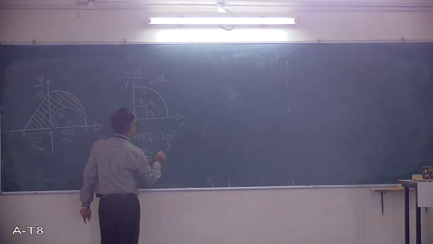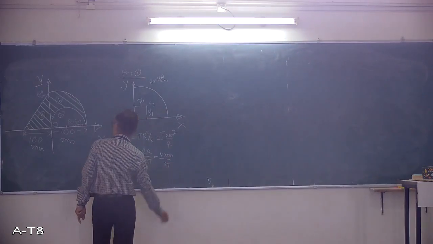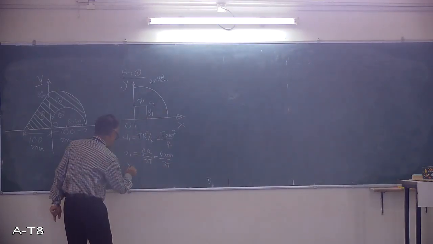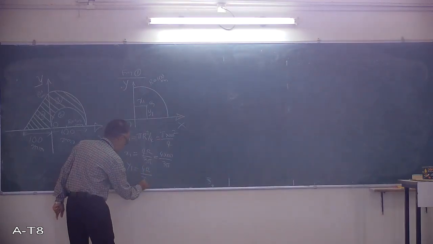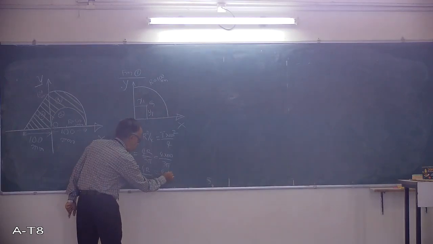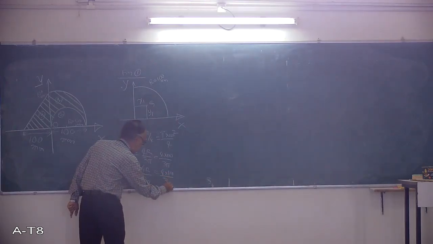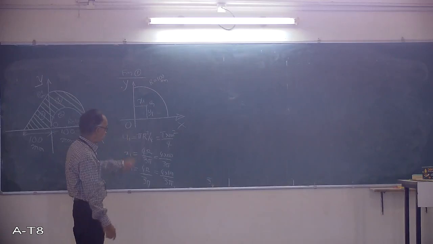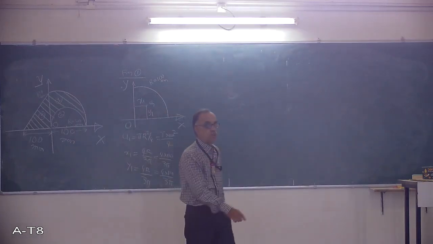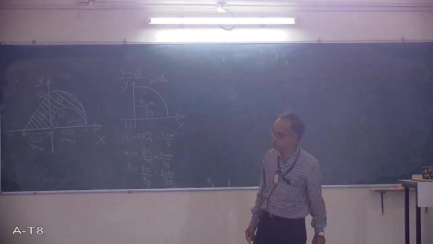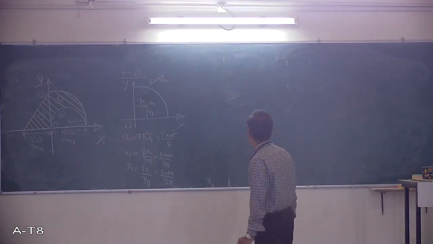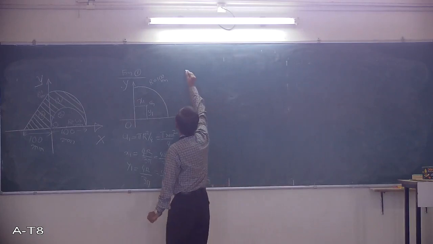So this is 4 into 100 divided by 3 pi. Similarly, y1 is also 4r upon 3 pi, 4 into 100 divided by 3 pi. So you must write that correctly. I have already given you the chart. Go through the chart and remember that table correctly so that you will not commit any mistake. So this is figure number 1.